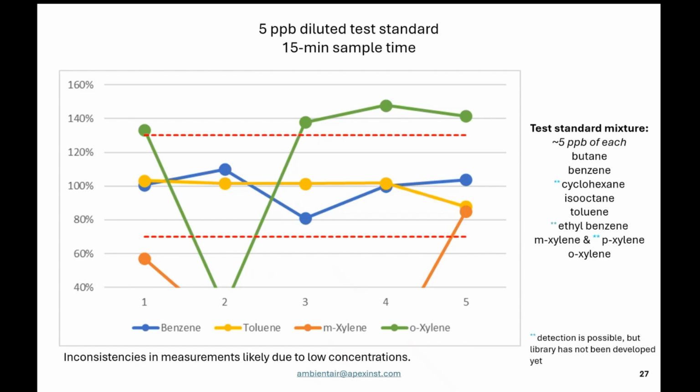Again, the combined P and M xylene would have been about 5 parts per billion, which means that the measured M xylene here is less than 5 ppb and likely right near the limit of detection for this 15-minute sampling time, which likely indicates why the M xylene result is outside of the plus or minus 30% of the theoretical value. Finally, the O-xylene was generally slightly overreported, excluding run 2.